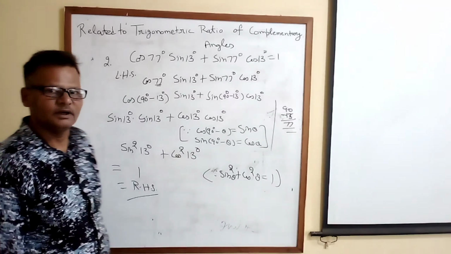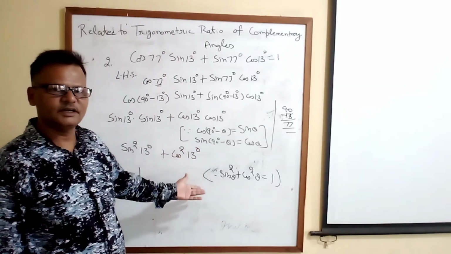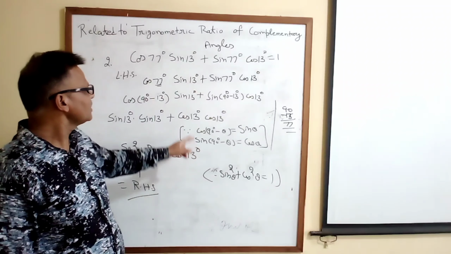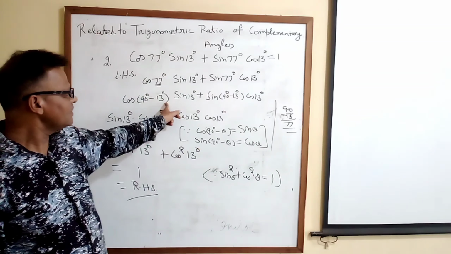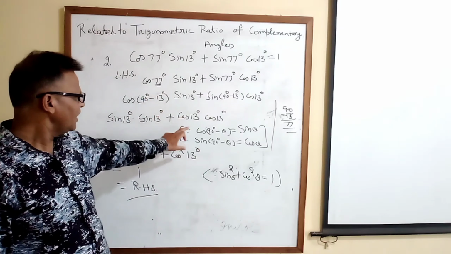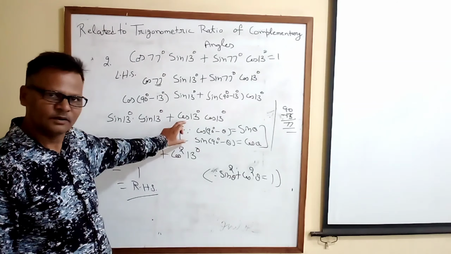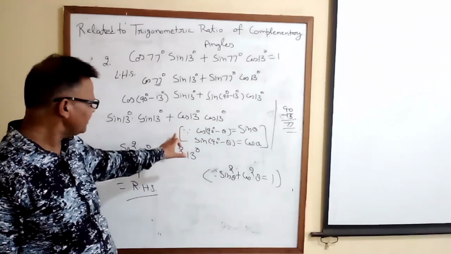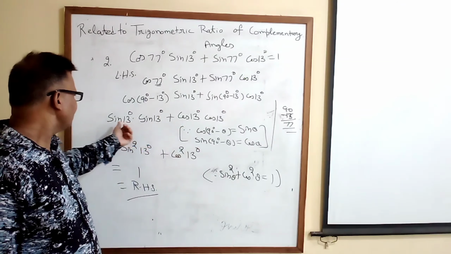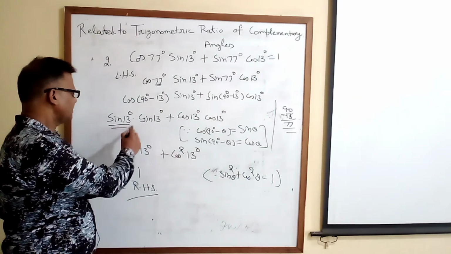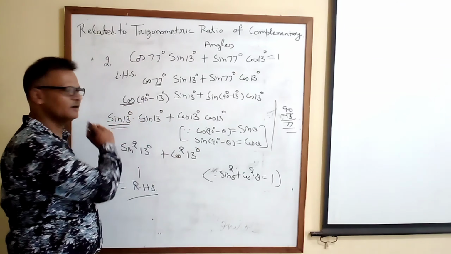I hope you understand how to put the values of 90 degree minus theta and how to convert it. By putting the formula, at every place we have to mention why we are putting sin theta from cos, how it becomes sin.